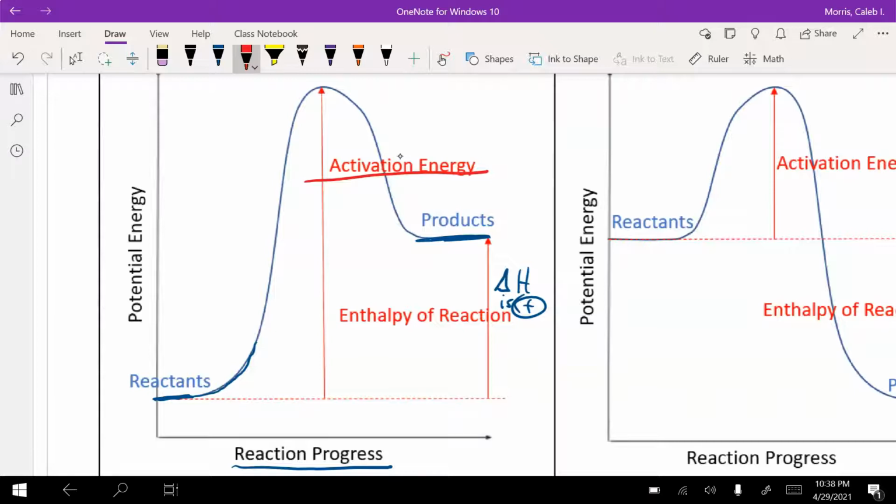Once you get over that hill, the energy will start to drop again. If it's an endothermic reaction, it still won't drop all the way back down to the level it was before, but it'll drop part way until we get to the energy of our products. That's where we get this enthalpy of reaction. That's the value that is the difference between here and here, where the reactant level is. And if we had this labeled over here on the y-axis, if we had numbers labeled, we could actually calculate that.